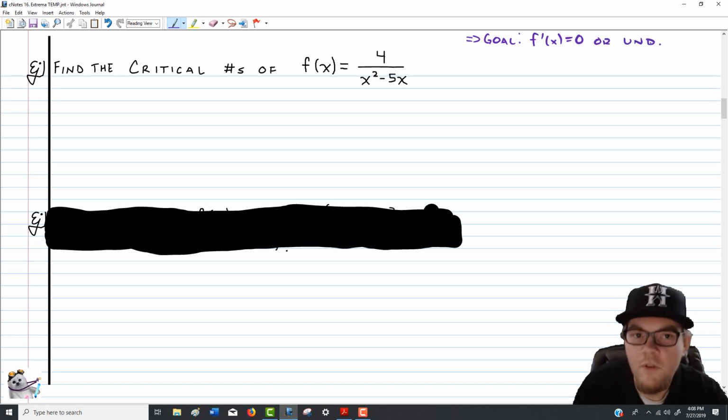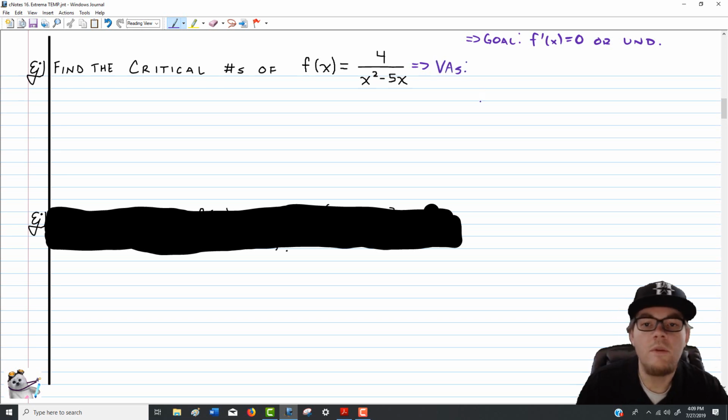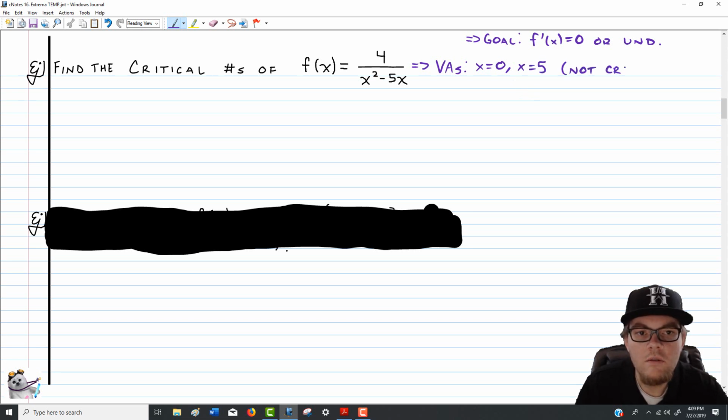So in particular, we're looking for a sharp turn sort of thing. Before we do anything else, let me point out that looking at this function, I can tell automatically that there are two x values where there's going to be a vertical asymptote: x equals 0 and x equals 5. So right away, we know those values are not critical.